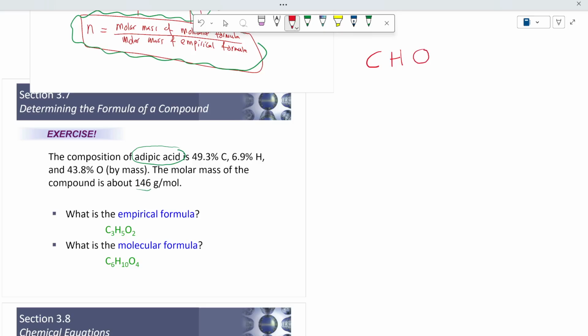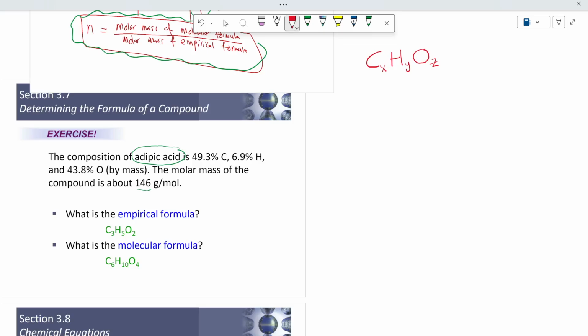But this is not enough. To write the correct formula, you should write the subscript of each atom. So let's say the subscript of carbon is X, the subscript of hydrogen is Y, and the subscript of oxygen is Z. They are not given in the question, which means if we are able to determine the values of X, Y, and Z using whole numbers, then we can easily get the answer.